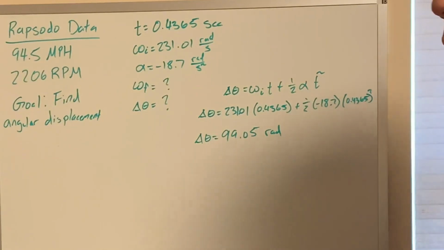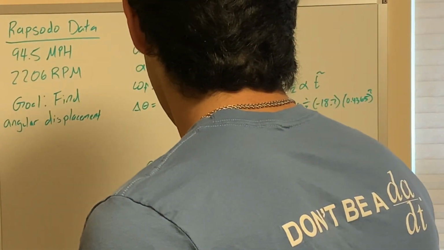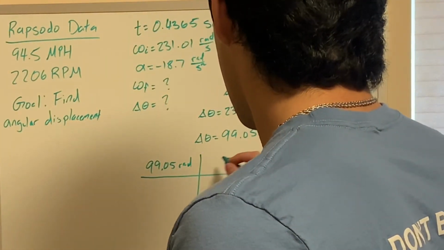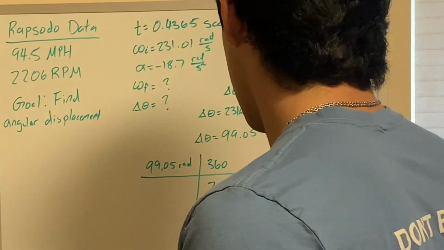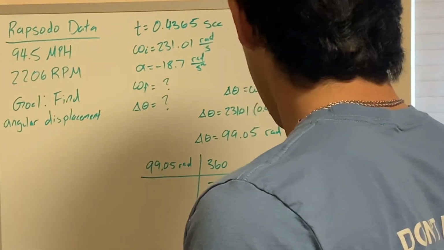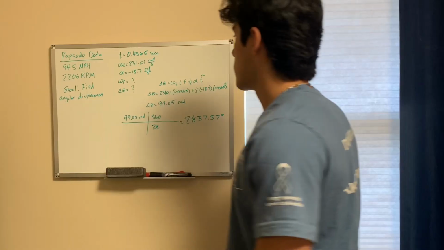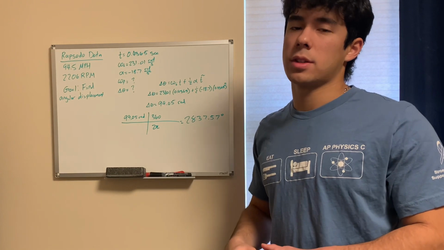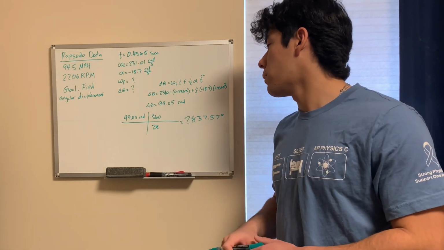And if we want to convert that to degrees, we'll take 99.05 radians and there are 360 degrees for 2 pi radians, which would give us 2,837.57 degrees. So we know that from release point to the point that it reaches the catcher's mitt, the angular displacement of the ball is 99.05 radians, or 2,837.57 degrees.